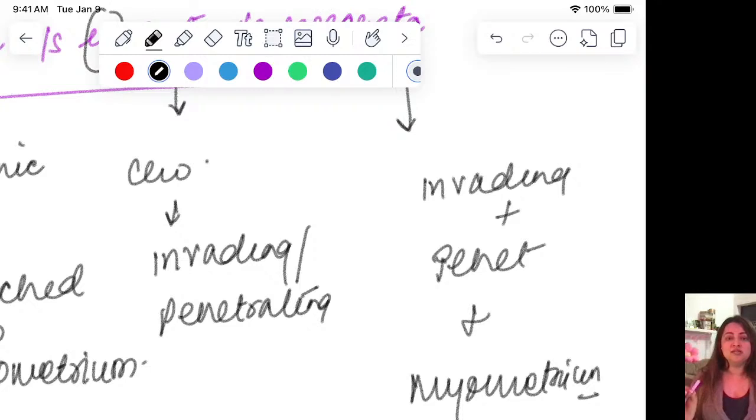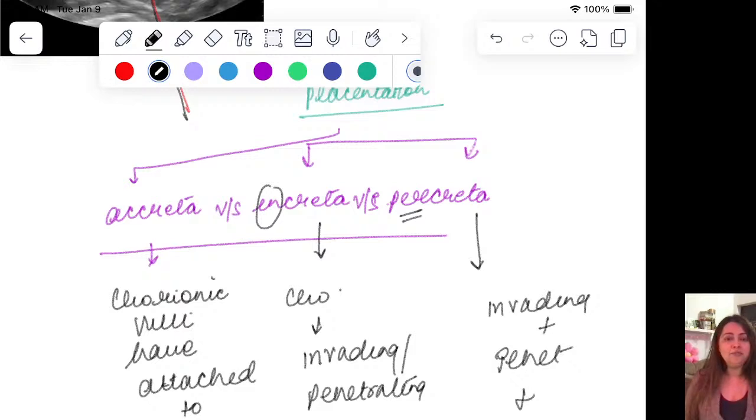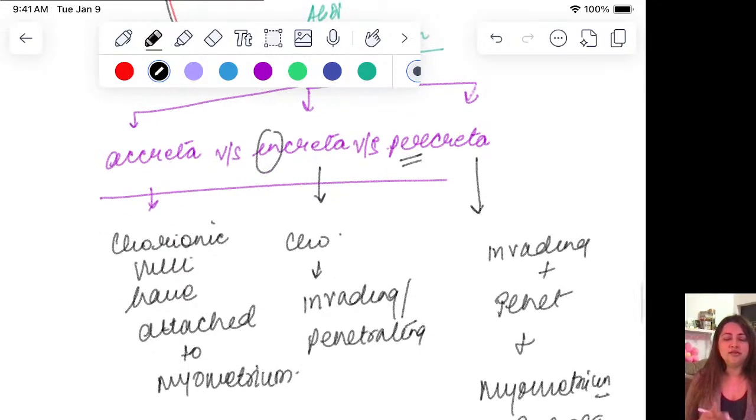Remember this. And in very rare instances, this percreta could also go beyond the serosa and involve the adjacent structures also. Remember this. Okay, so this is really important. You have to know what is the difference between these three.